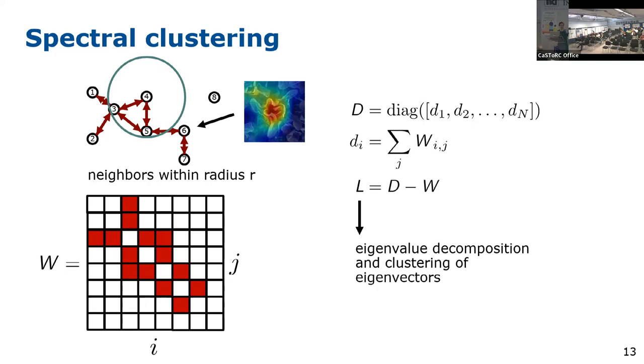So you do not cluster on the input data, but you cluster on the eigenvectors. And this allows you to find really nice clusters, even if you have highly complex manifolds of your data in this high dimensional feature space. So if you have some clustering tasks, I highly recommend to try this out.